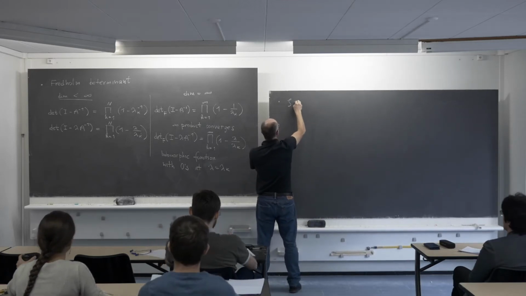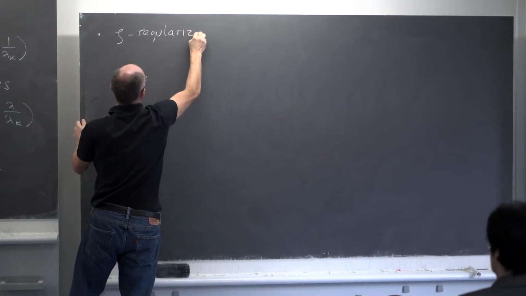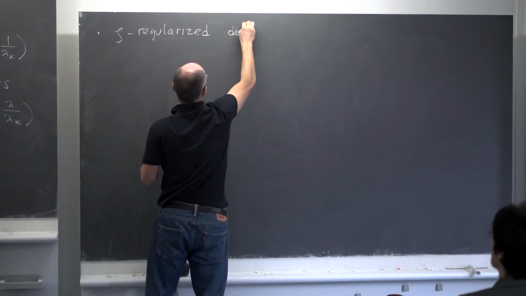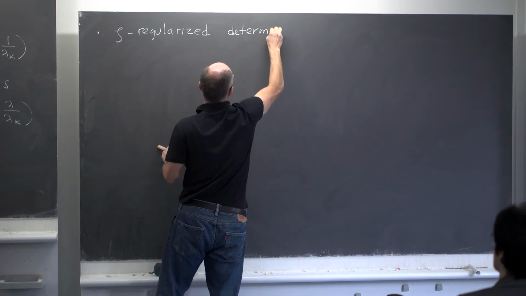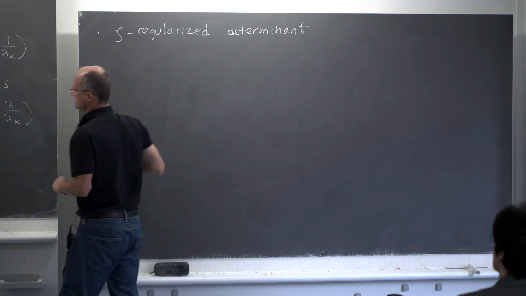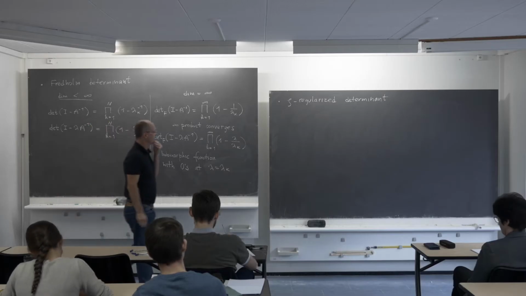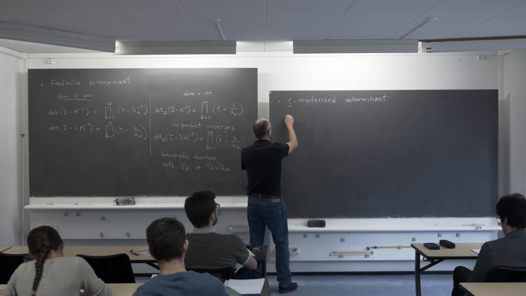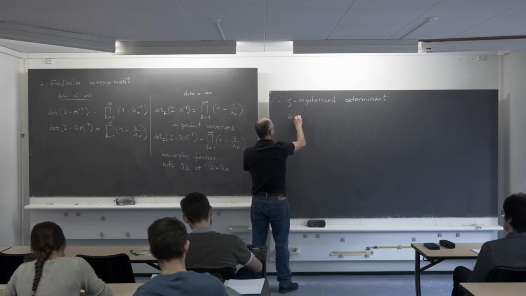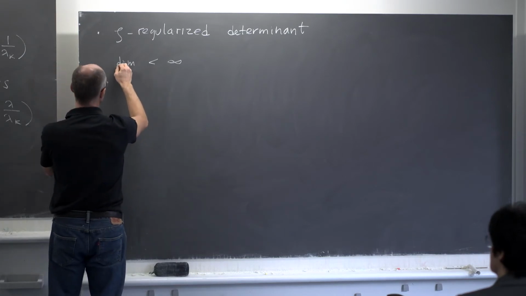Which is called a Zeta-regularized determinant. So maybe again, let's start with a finite dimensional situation.